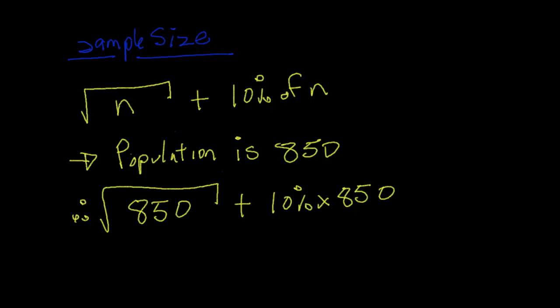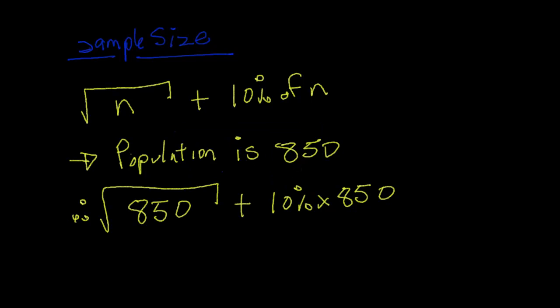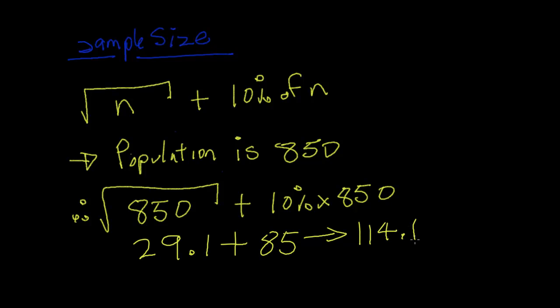The square root of 850 is 29.1, plus 10% of 850 is 85, which will then give you an answer of 114.1. Now you can't have 0.1 of a person when you survey them, so you've got to either round down or round up. I suggest that you round up. Okay, so 115 people, because then that means that your sample is going to have a few more in there.